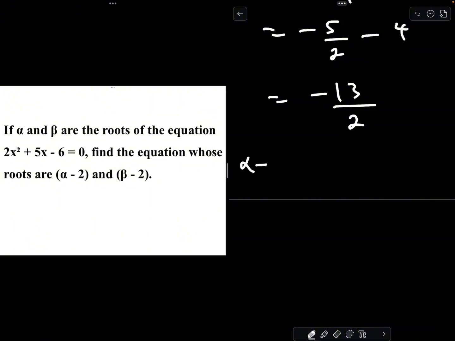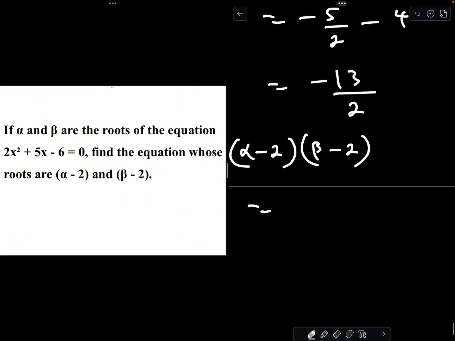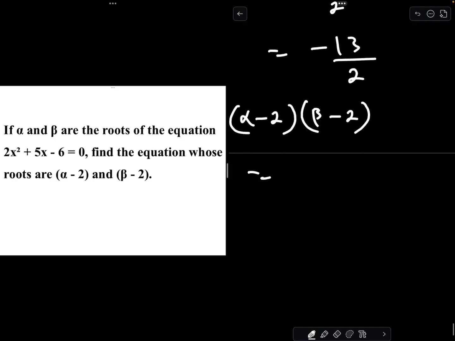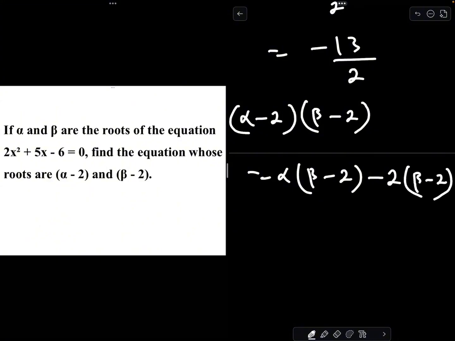Now, the product of the roots. We know the roots of the equation we want to find are alpha minus 2 and beta minus 2. So we're finding the product of those roots. The product, which is alpha minus 2 times beta minus 2, is alpha into bracket beta minus 2, minus 2 into bracket beta minus 2.